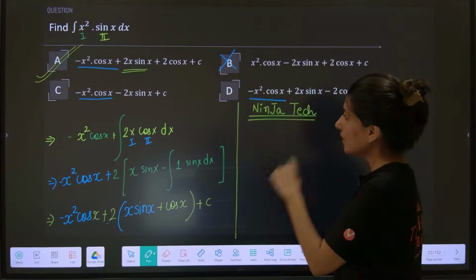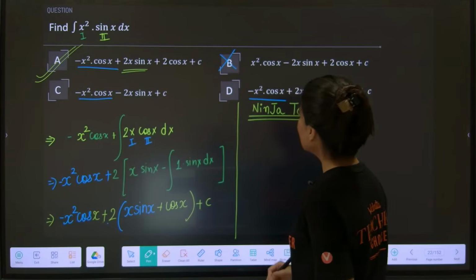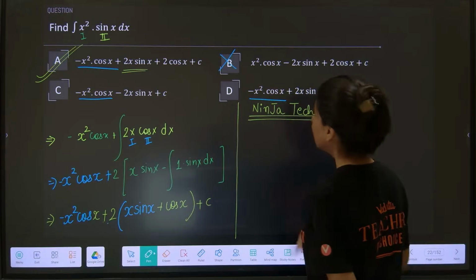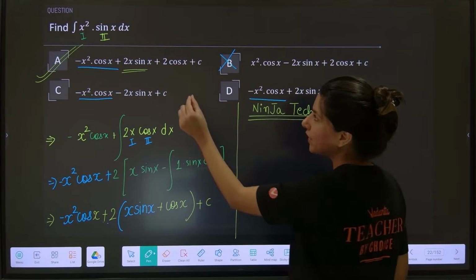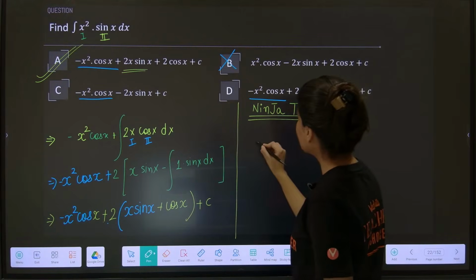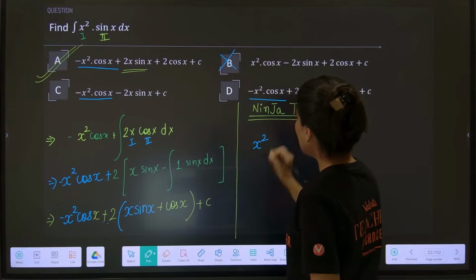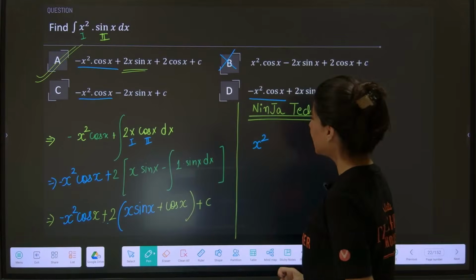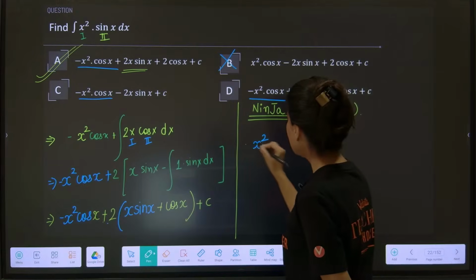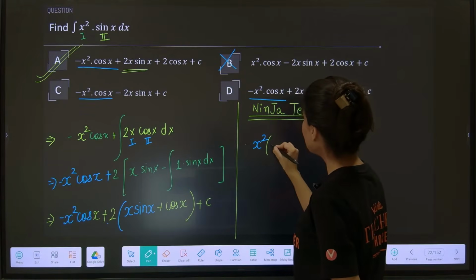Okay. So in that case, what you need to do is use the DI method. What is the DI method? In the DI method, you have to keep that x square as it is, and you need to integrate sin x. Integrate sin x is minus cos x.